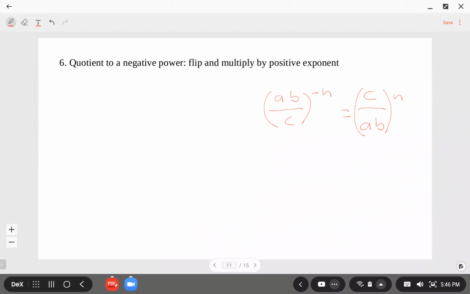Actually, let me introduce you to another problem. So what is 2c over b raised up to the negative third power? What is that? I'll give you a few moments to put it in the chat.